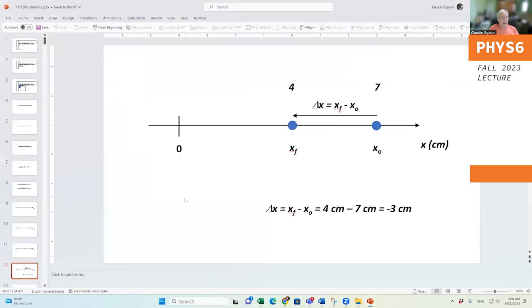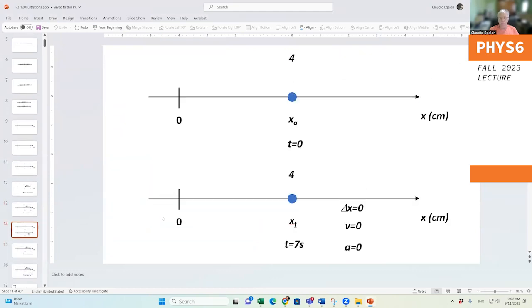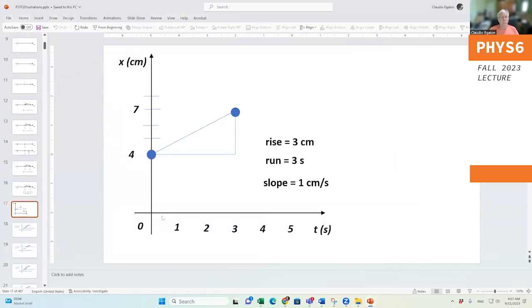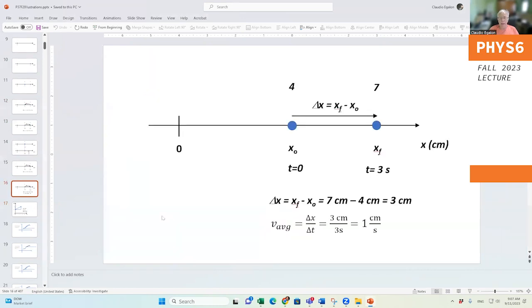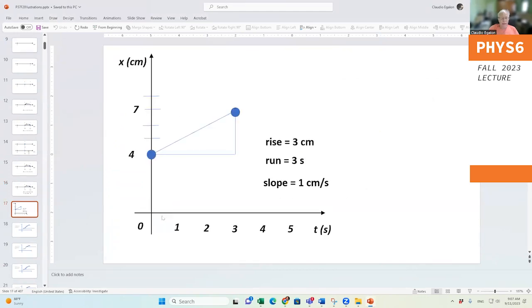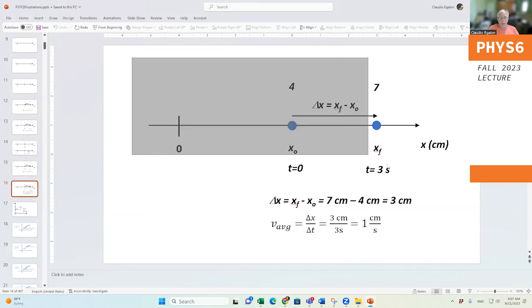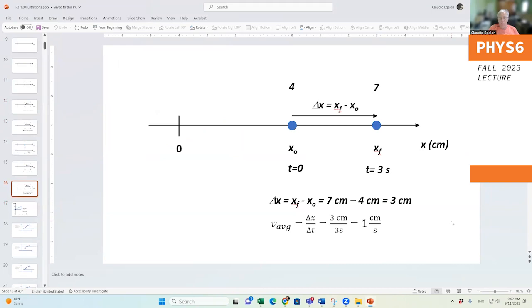Here are the slides that we're looking at, illustrating the displacement and average velocity as well. We did that before. And here we have a plot of two positions of our object. Notice that initially, at time t equal to 0, the object is at position 4 centimeters, just like I showed you before in this other illustration.